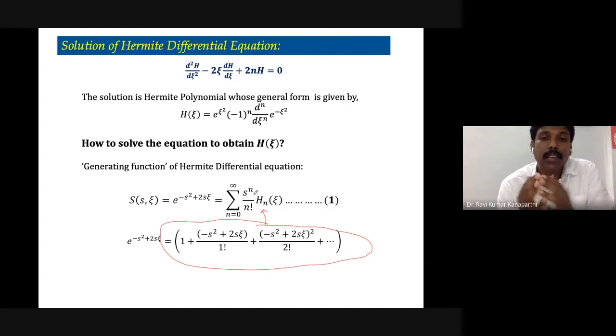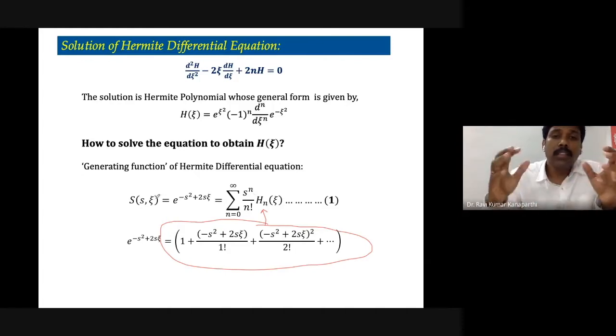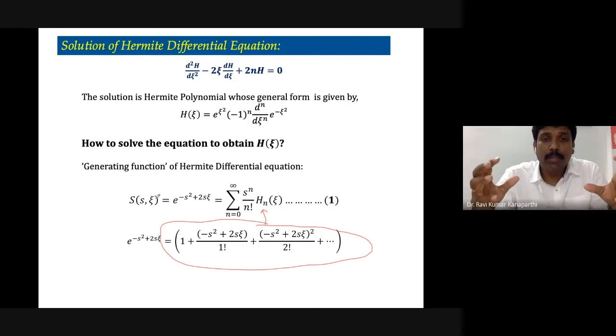Those functions we are representing with hn of z, which we still do not know and which need to be determined from our solution. So what I mean to say is that there is a differential equation, that is the Hermite differential equation.